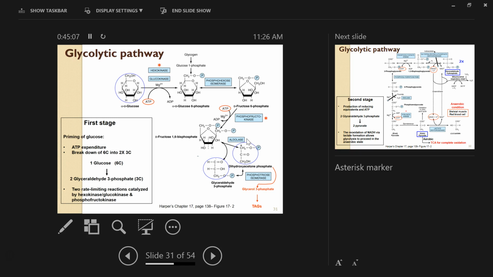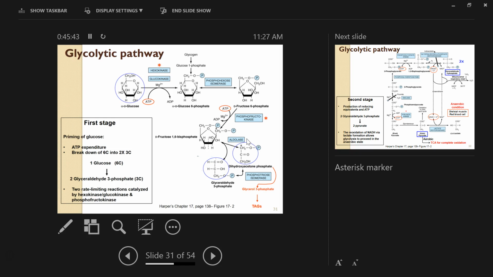And there are two rate-limiting reactions during the first stage, catalyzed by two key enzymes. Like this, the 6-carbon glucose goes through 4 reactions and generates the 3-carbon intermediates, including glyceraldehyde 3-phosphate, and these two intermediates can interconvert.